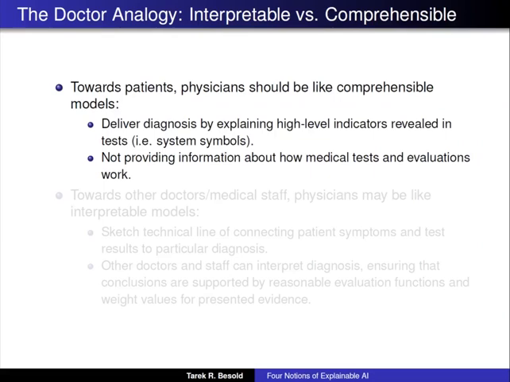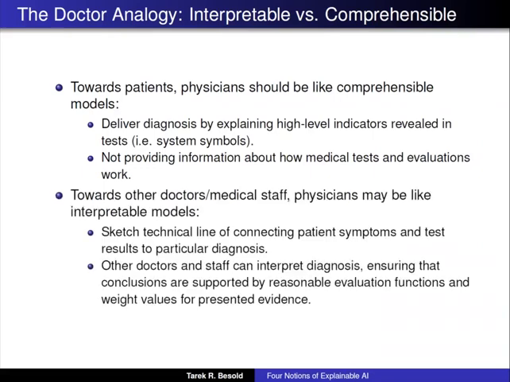This does not elucidate the reasoning beyond a very basic level. If your doctor told you you have a heart condition only based on these three observations, either you want to change doctor, or you just believe that there is a deeper underlying reason, but this is the level you can comprehend. When talking to another medical practitioner, doctors usually tend to be much more like interpretable systems.